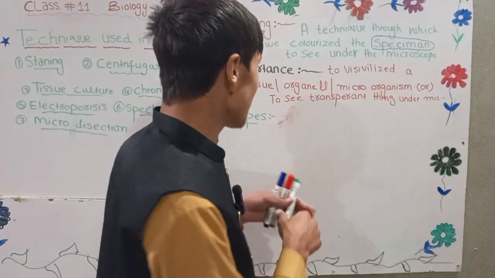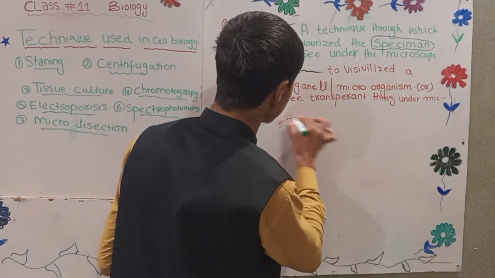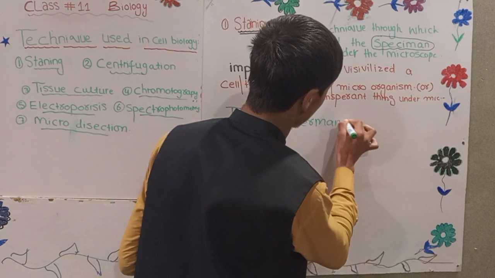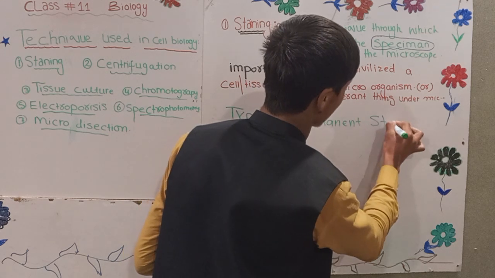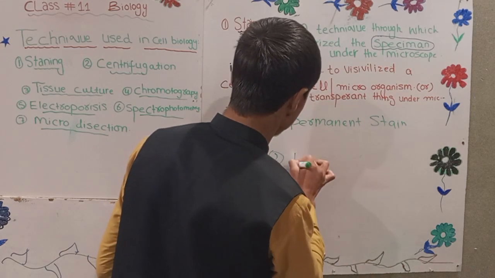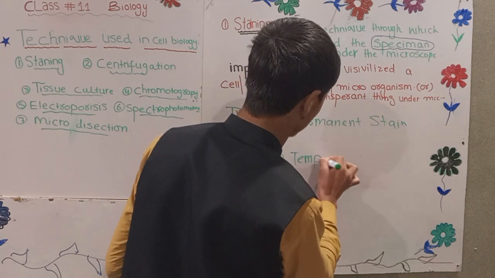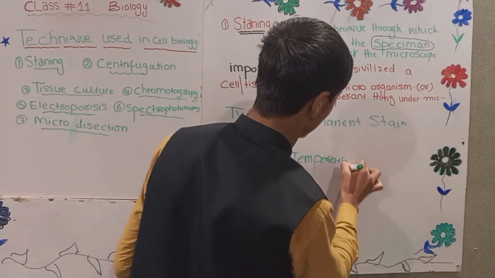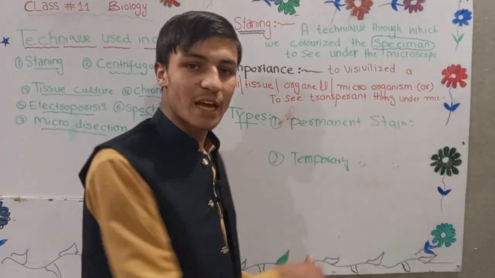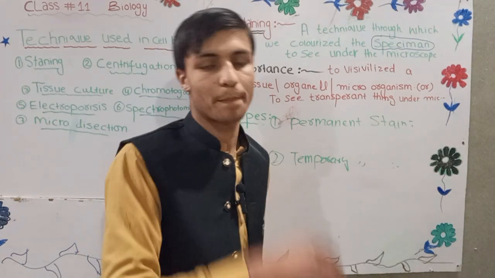A type of stain that we are not able to remove is known as permanent stain. Number two, temporary stain: a type of stain that can be removed after we have applied it.